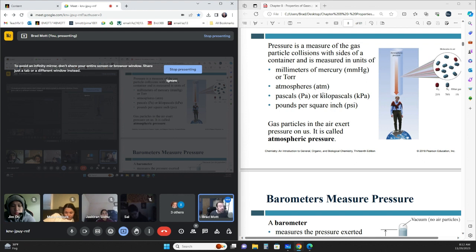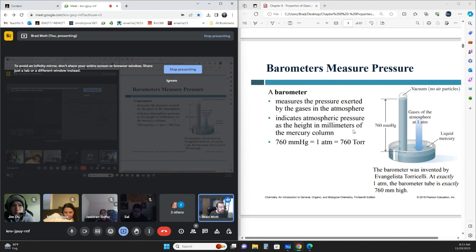If you were doing some physics with me, I'd get into pascals, but I won't. And what we see in this country, pounds per square inch, when you're putting air in your tires, that's just a measure of this exact property we're talking about: particle collisions. Tires are about 34 to 40 pounds per square inch in your cars.